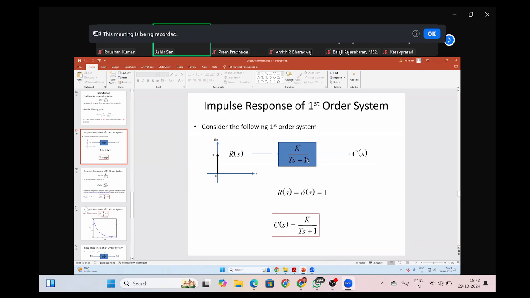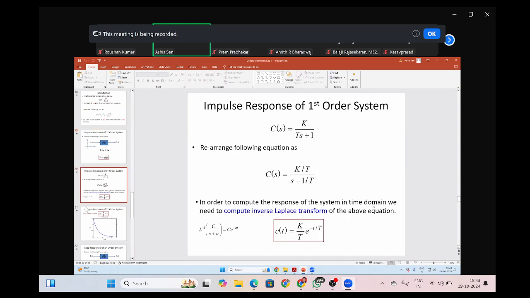Typically the transfer function has a form of K divided by Ts plus 1, where K is the gain and T is the time constant. For an impulse response, your input is delta, whose Laplace transform is 1. So your output is K divided by Ts plus 1. Okay. So C(s) you can also write in this form.